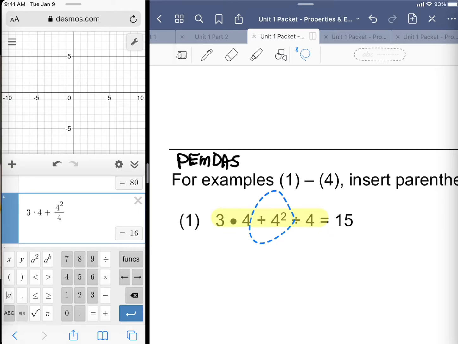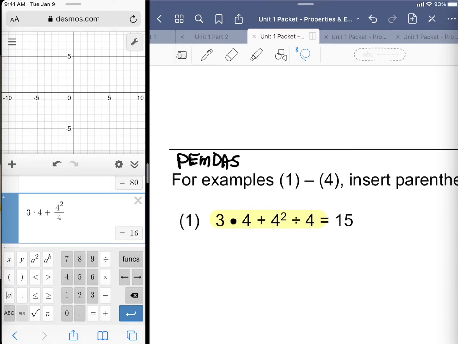So what we would want to be doing by inserting parentheses is make something else the first operation. By putting in parentheses, I'm saying I don't want the 3 times 4, oh, I'm sorry, not the 3 times 4, the 4 squared. I don't want the 4 squared to necessarily happen first. Or perhaps I don't want the 3 times 4 to happen as early as it does in the process.